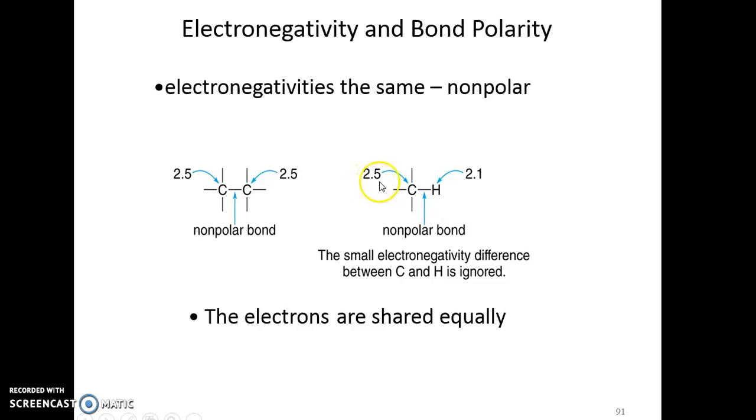If you look at carbon as 2.5 and hydrogen 2.1, there's a slight shift in the electrons moving to the carbon. Now, what we do with carbon-hydrogen bonds is we usually ignore it. Not only is it a small difference, but there's usually a lot of symmetry around the carbon that cancels out any small electronegativity difference.